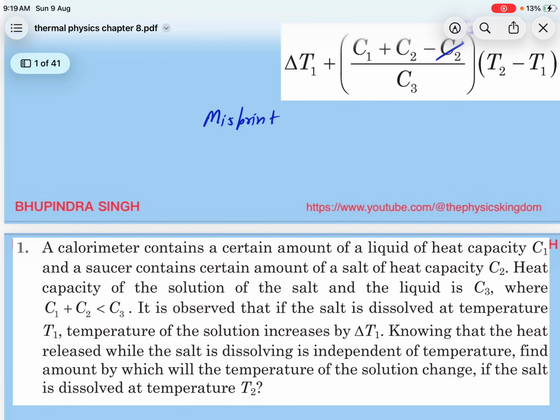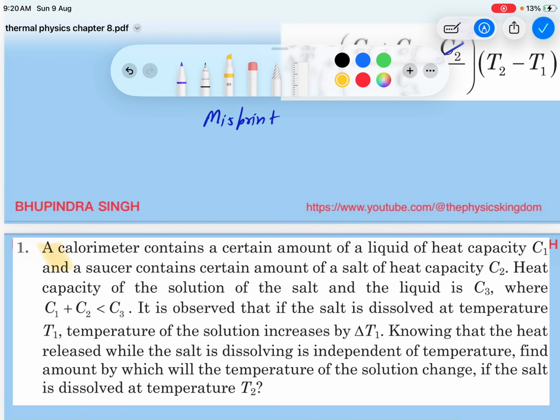Okay, let's first read this question properly. A calorimeter contains a certain amount of liquid of heat capacity C1. So for the liquid, heat capacity C1 is given, right? So it means we can find out its internal energy. And a saucer contains a certain amount of salt of heat capacity C2, right?